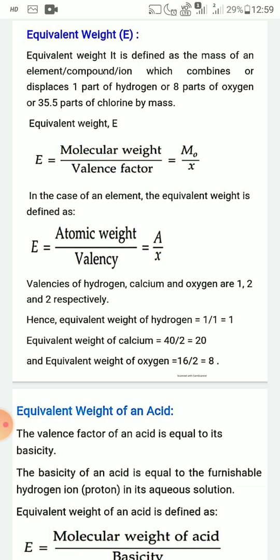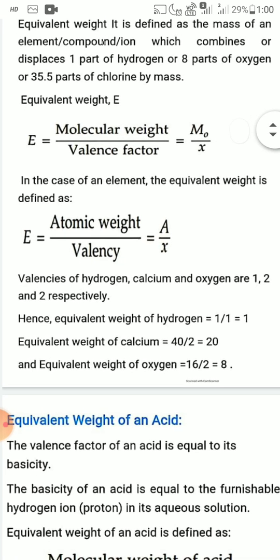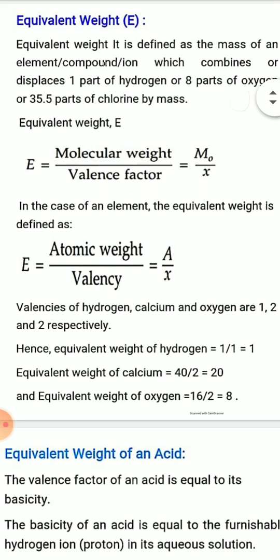An equivalent weight is defined as the mass of an element or compound or ion which combines or displaces 1 part of hydrogen, 8 parts of oxygen and 35.5 parts of chlorine by mass.